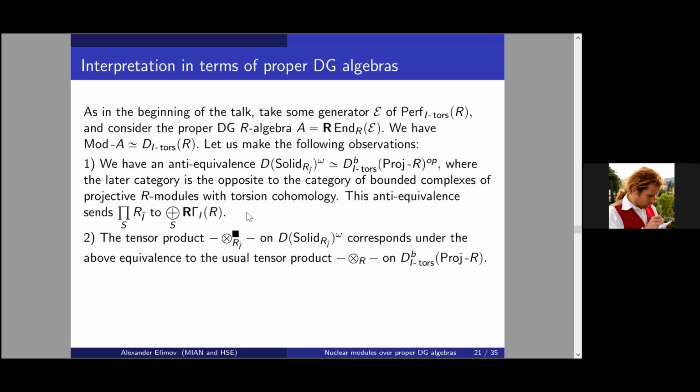Sorry, Sasha, can I ask a question? In what sense do you take a derived category of this bounded complex of projective modules with I-torsion homology? I mean, if you take bounded complex of projective modules, doesn't it already kill the quasi-isomorphism? Of course, it's the same as homotopy category. Just homotopy category, sure. No, probably not homotopy category, but DG category.